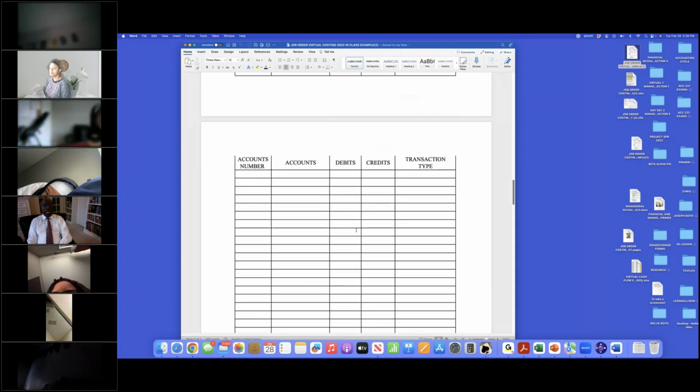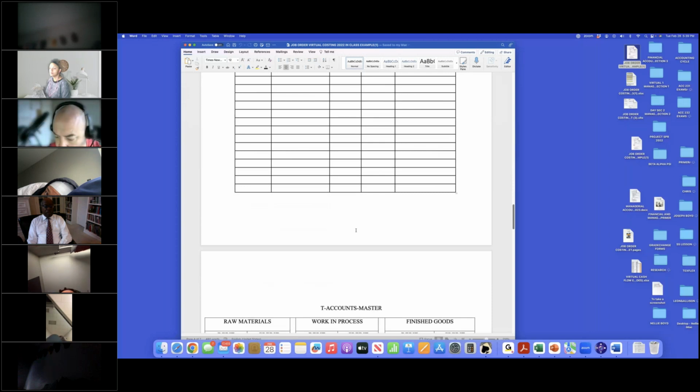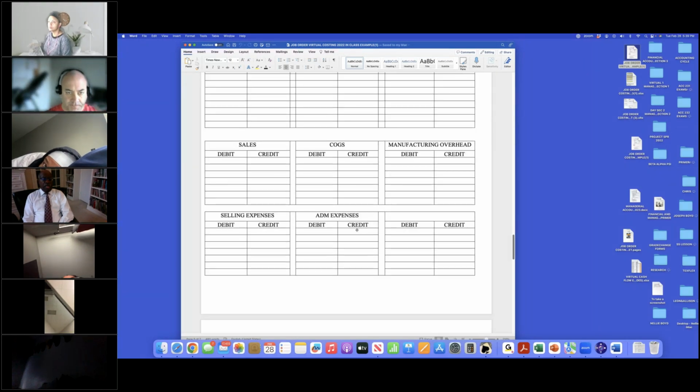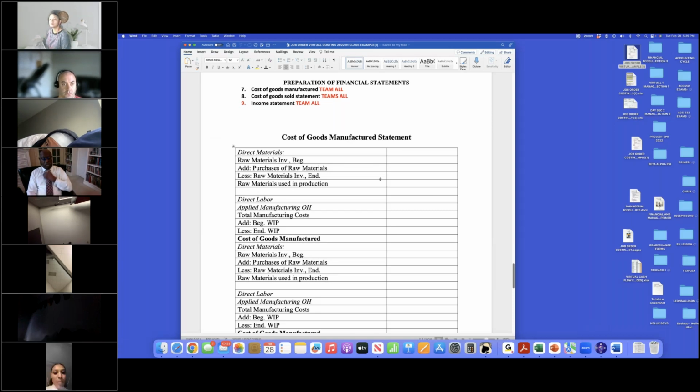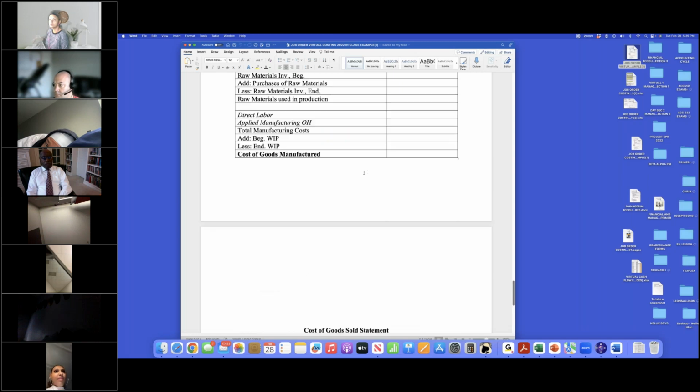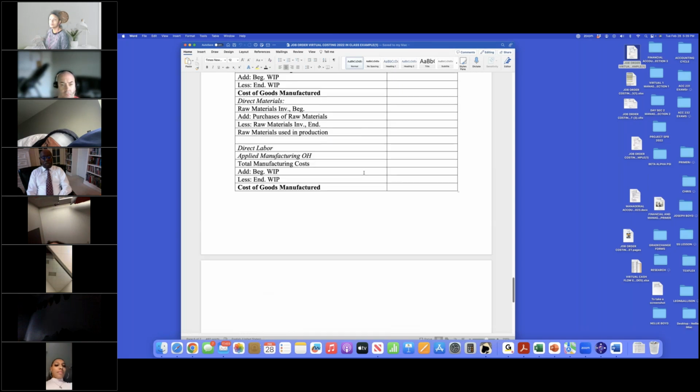These are the T accounts. I'll keep these up to post as we're going through. And then all teams had to prepare cost of goods manufactured and cost of goods sold. And as we go through, you're going to see that when we make the journal entries and post to the T accounts, we get most of this work done.